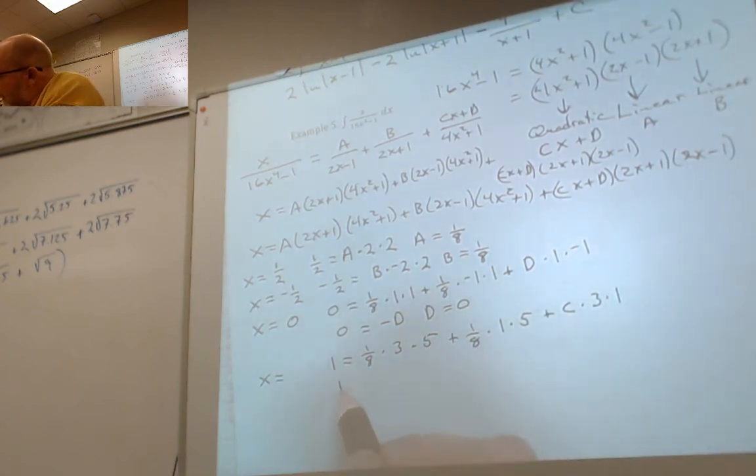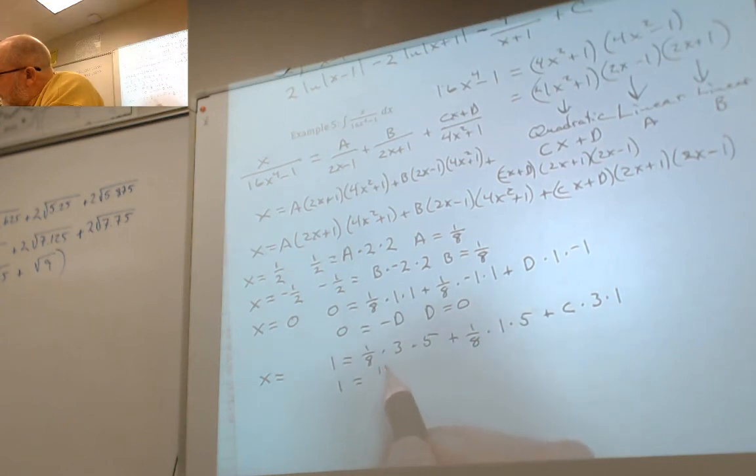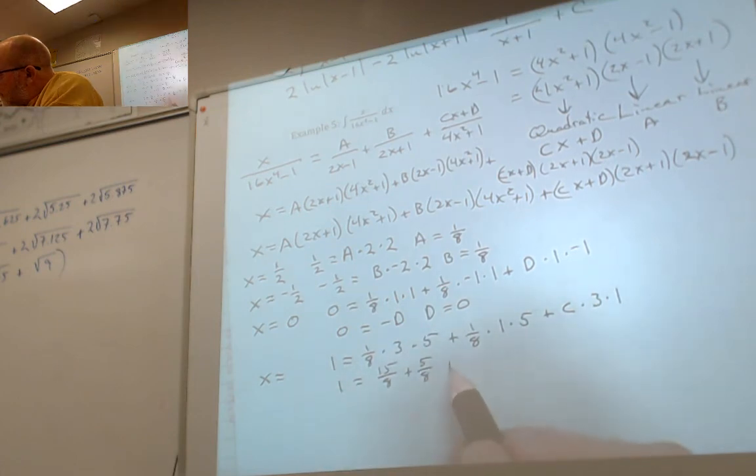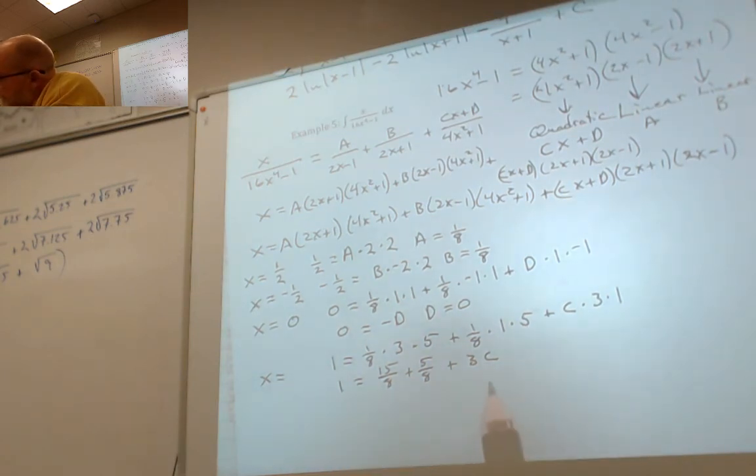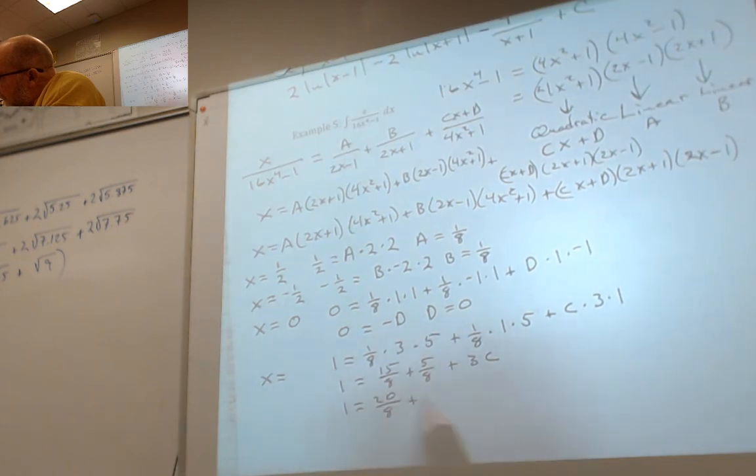So I get 1 equals 15/8 plus 5/8 plus 3C. So I had 1 equals 20 over 8 plus 3C.